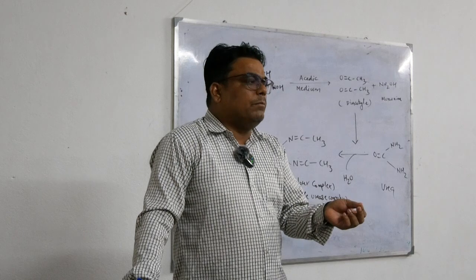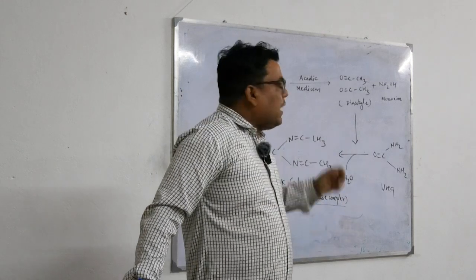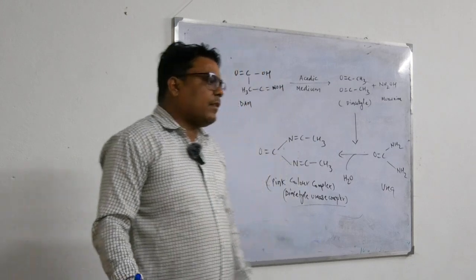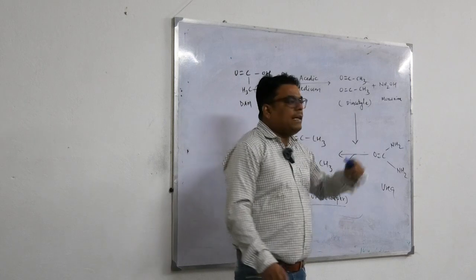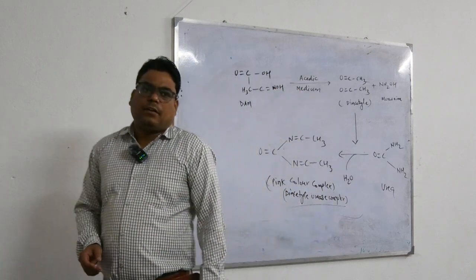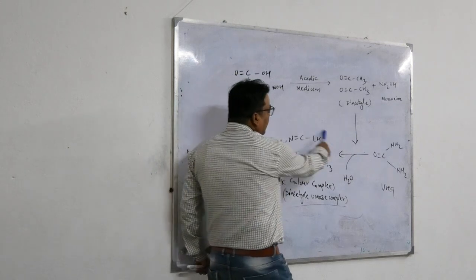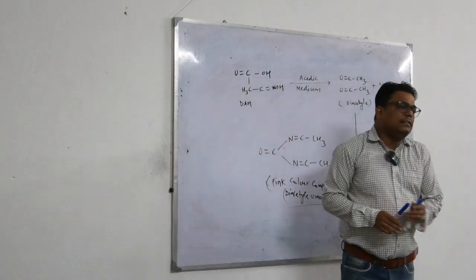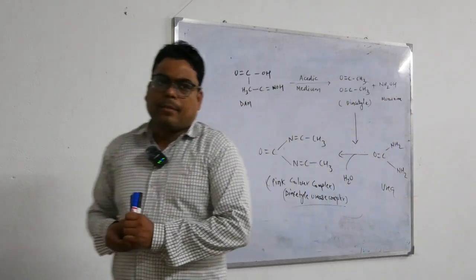This is a general concept, madam. If you don't know how you will change the medium, it is not possible to discuss this principle. Generally, we change to the acidic medium by adding HCl. Okay, we got the pink color complex. With the intensity of this color, we can calculate the concentration of urea in the blood sample.